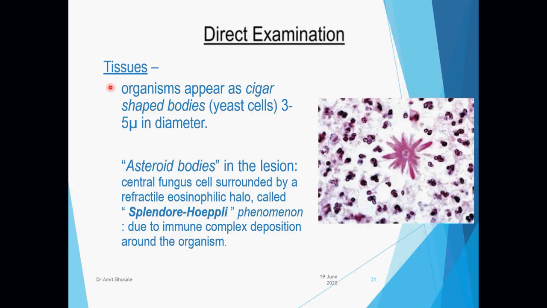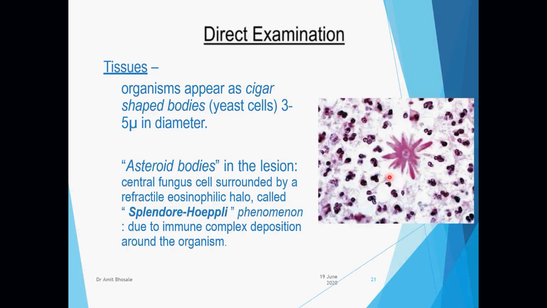Preparations from the tissues show organisms which appear as cigar-shaped bodies. These are yeast cells, 3 to 5 micrometers in diameter. The typical feature of the sporotrichosis lesion is the asteroid body, in which a central fungus cell is surrounded by a refractile eosinophilic halo, called the Splendore-Hoeppli phenomenon, due to immune complex deposition around the organism.